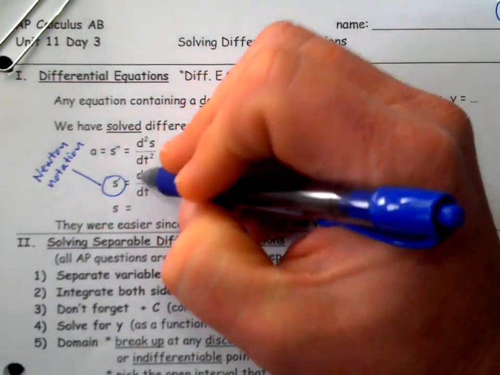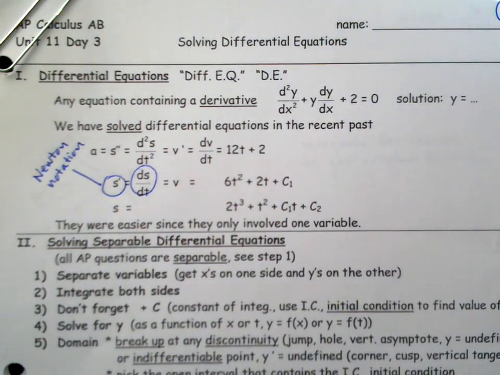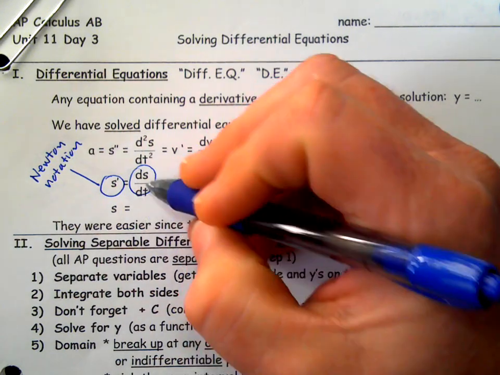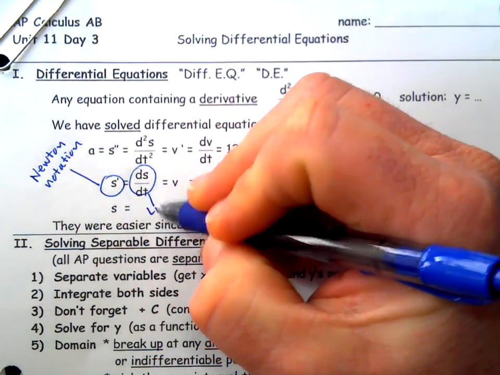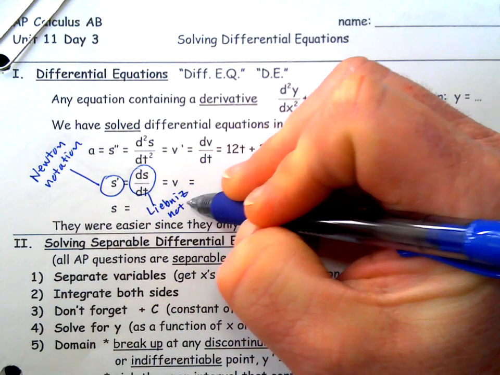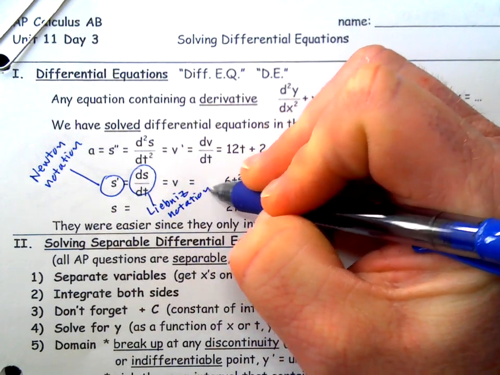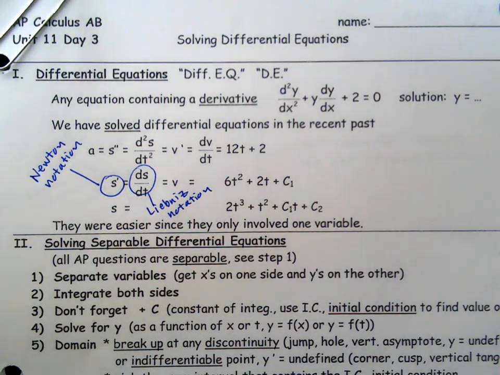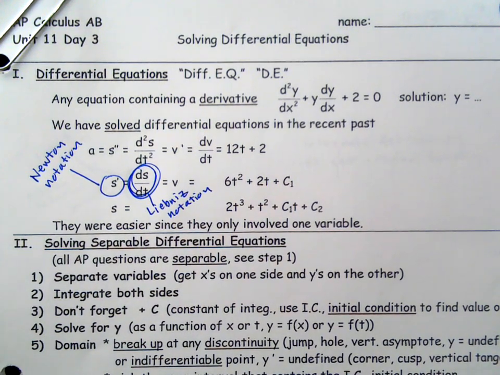The other one uses multiple variables, and that one was Leibniz notation. I think that's going to be a lot easier to work with when solving differential equations because we have to separate the variables. So we're going to be going with this kind of notation usually when we're solving differential equations.